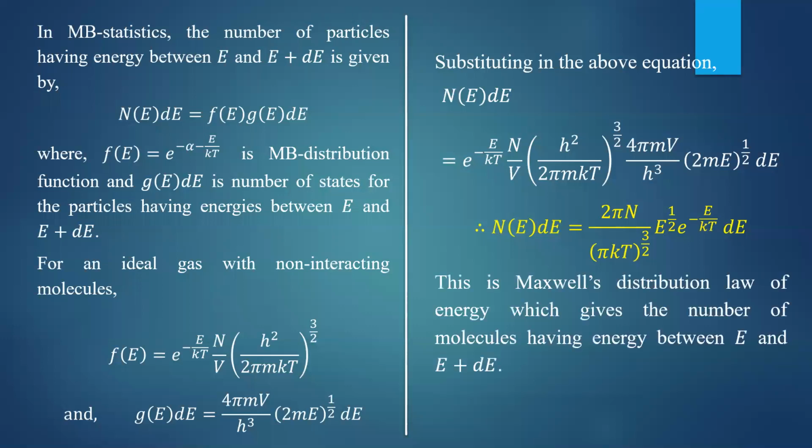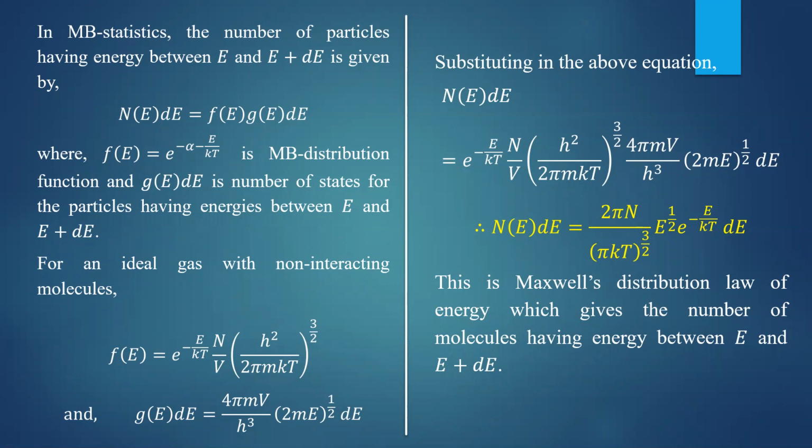This is the Maxwell distribution law of energy, which gives the number of molecules having the energy between E and E plus dE. That number of molecules will be directly proportional to the square root of E, and also exponentially the number of molecules will decrease.